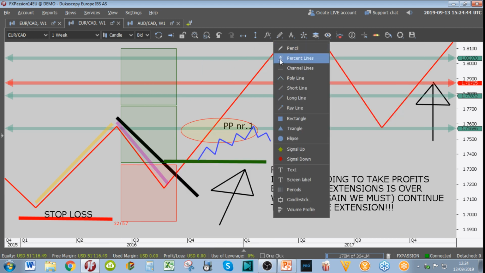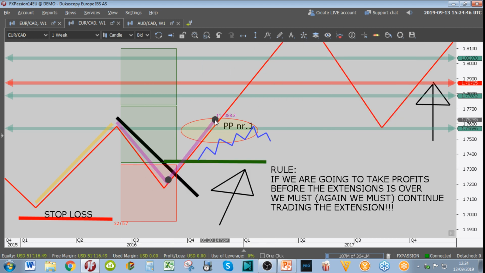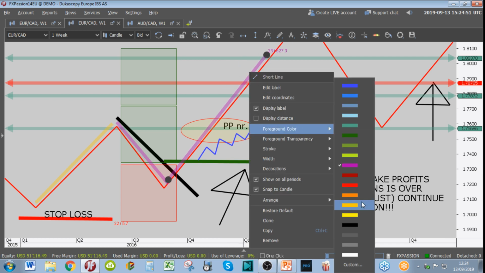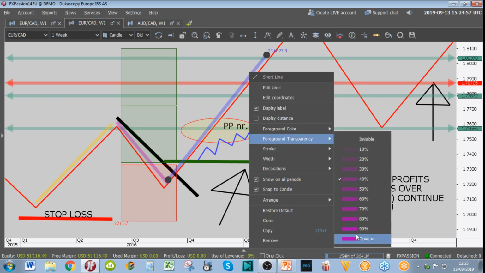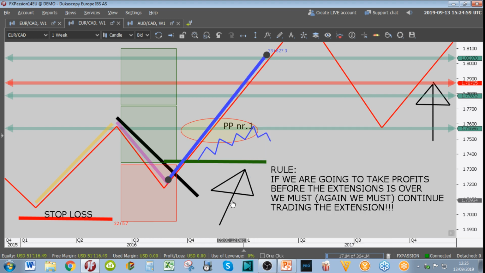And we have another extension here, right? What color? Let me see. Blue, okay. Something like this, okay. If we are going to take profits in here, before the extension is over, the blue line must make a higher high.